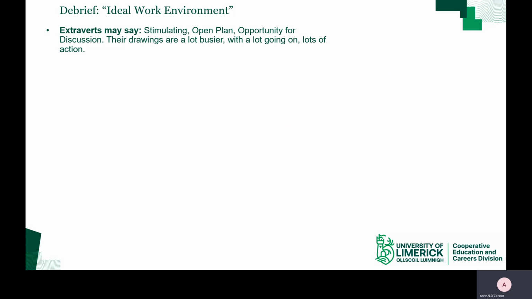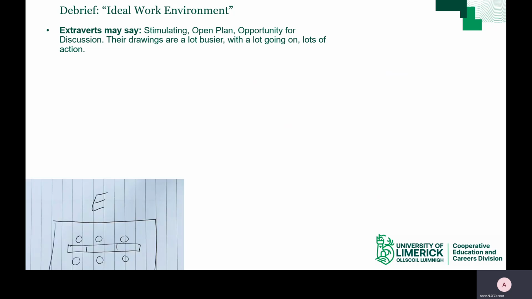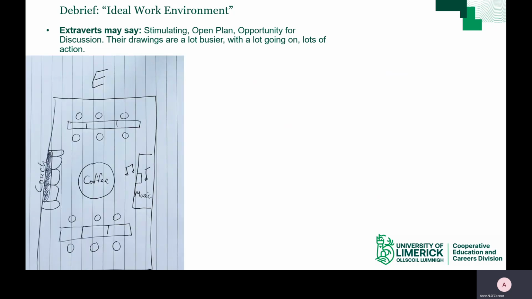So you'll normally see in their drawings, they're a lot busier with a lot going on and lots of action. For example, here, there may be music, it's open plan, there's a coffee station, there's a couch. Also, what is quite interesting is sometimes there will be a connection with the outside world. So somewhere where they're looking at the world going past, whether that be a busy street or a garden, okay?